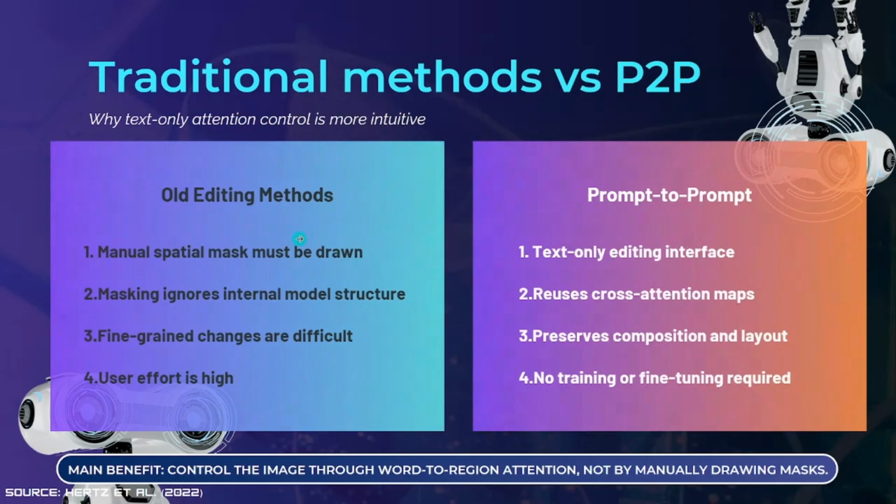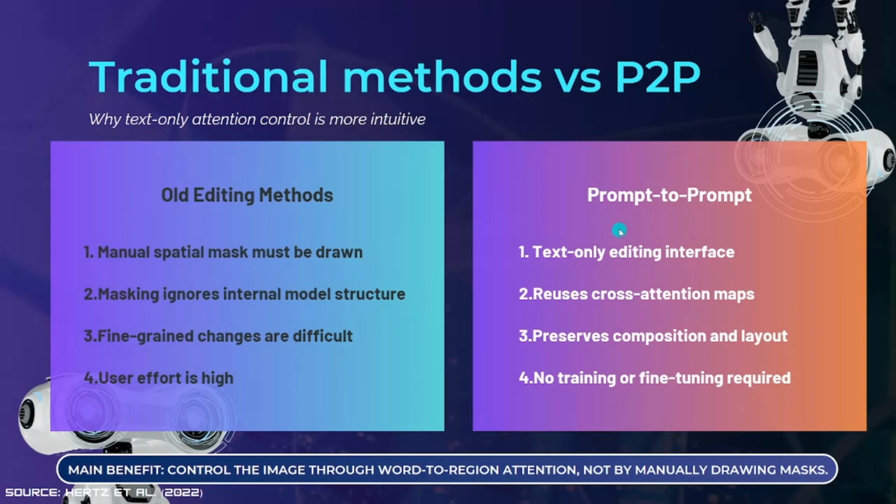Before explaining the technical method, let us compare traditional image editing with prompt to prompt. On the left side of the presentation, traditional editing methods require the user to manually draw the spatial masks. These methods do not fully use the internal relationship already learned by the diffusion model. Fine-grained changes are difficult and the user must spend additional time identifying the correct image region.